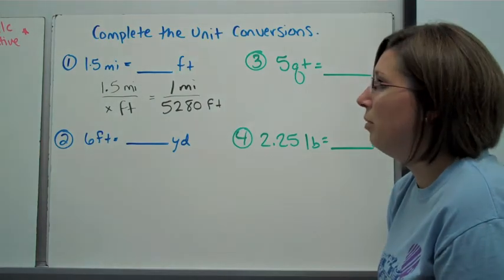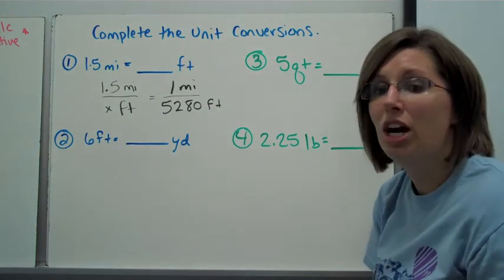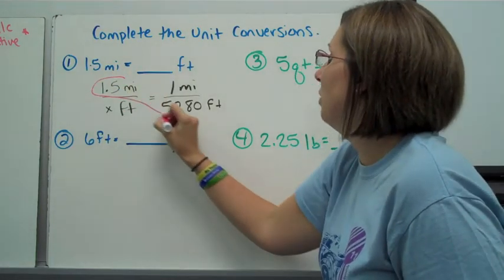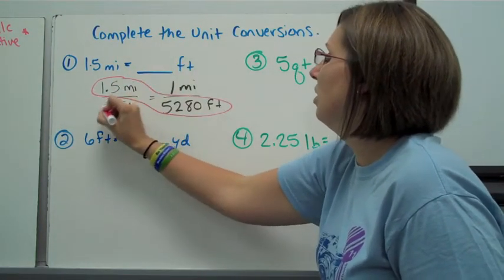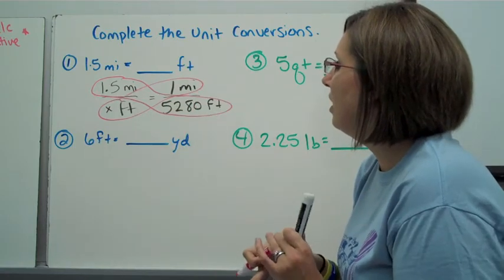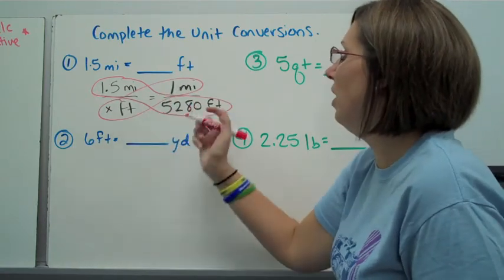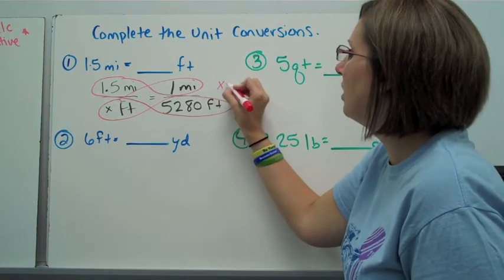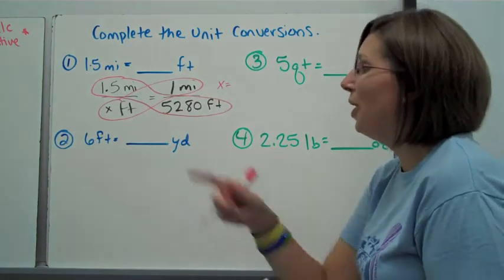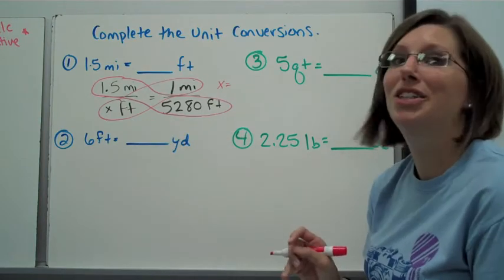Now that I've got my proportion set up, I can easily cross multiply. So I'm going to be multiplying over here, multiplying here. I've got x times 1 is just x, and that's equal to whatever 1.5 times 5,280 is.